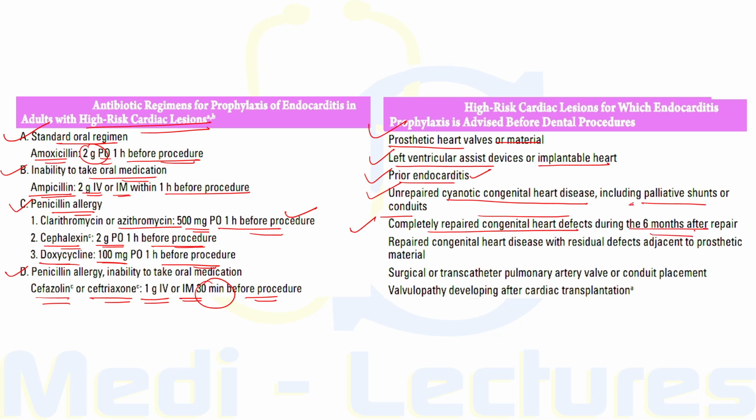That is, surgery has occurred within last 6 months. Repaired congenital heart disease with residual defects adjacent to prosthetic material, surgical or transcatheter pulmonary artery valve or conduit placement, valvulopathy developing after cardiac transplantation. So these are the high risk cardiac lesions for which prophylaxis has to be given.